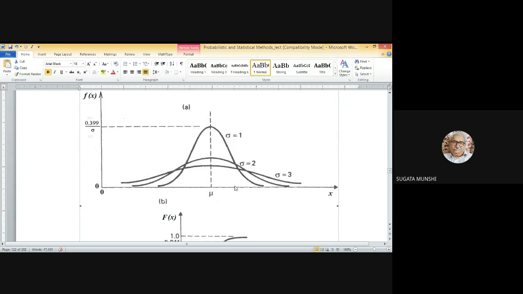Third central moment will be 0, fifth central moment, seventh central moment, like that.